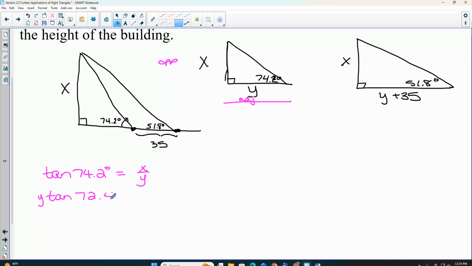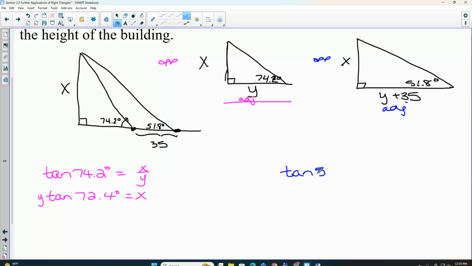Do you remember doing a question like this in the last section? We did it that last day, and I said I'm not going to give you any like it yet. We're working towards it. Let's come to this triangle. X is also opposite. This side is still adjacent, so we can do tangent in the second triangle.